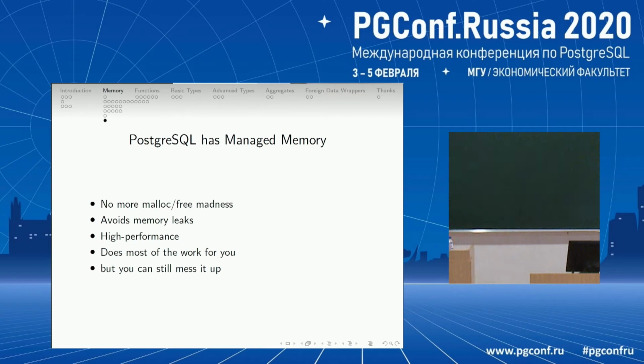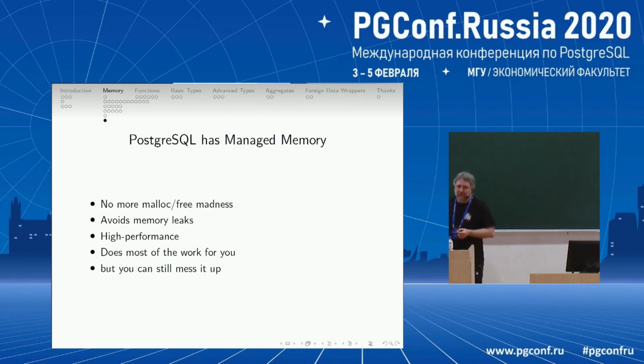One question: in our experience with extensions, moving variables to the stack is faster than putting them in palloc. So you're asking why it is faster to put variables onto the stack than to use palloc.